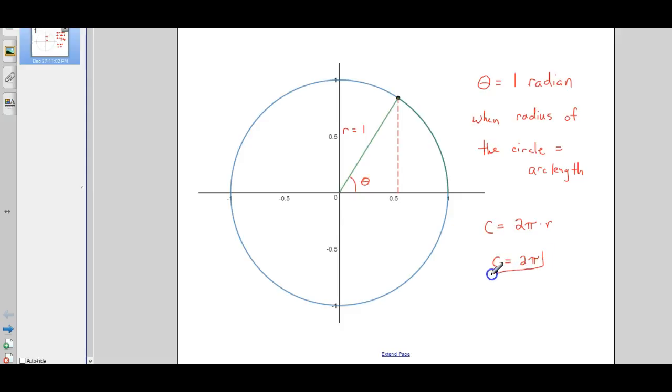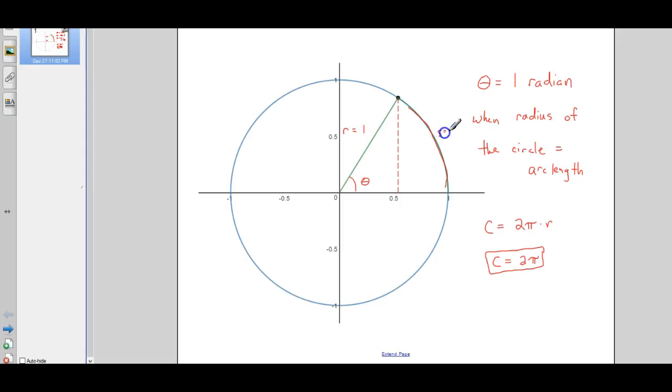Well, what is arc length other than the distance around, to where we stop? What is circumference? Circumference is just arc length all the way around. So the circumference is 2 pi, and when this is 1, this is 1 right here also.